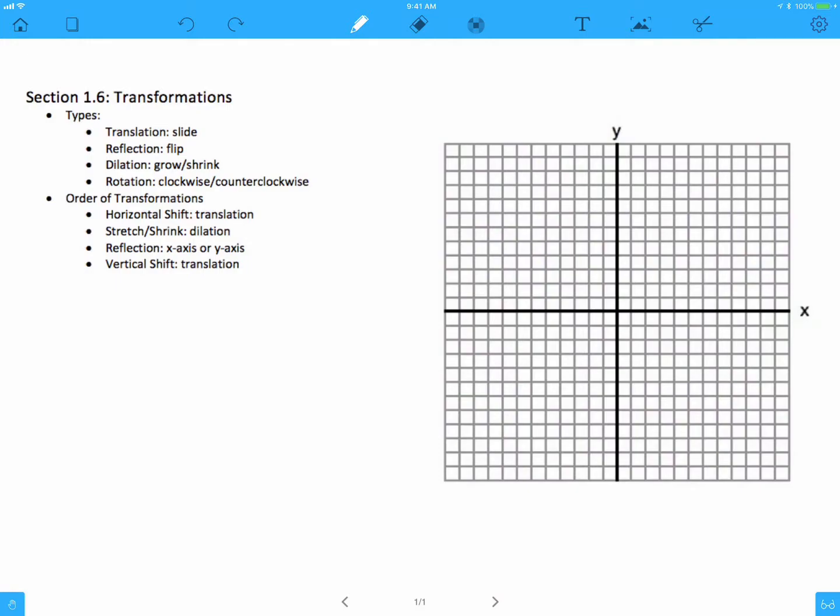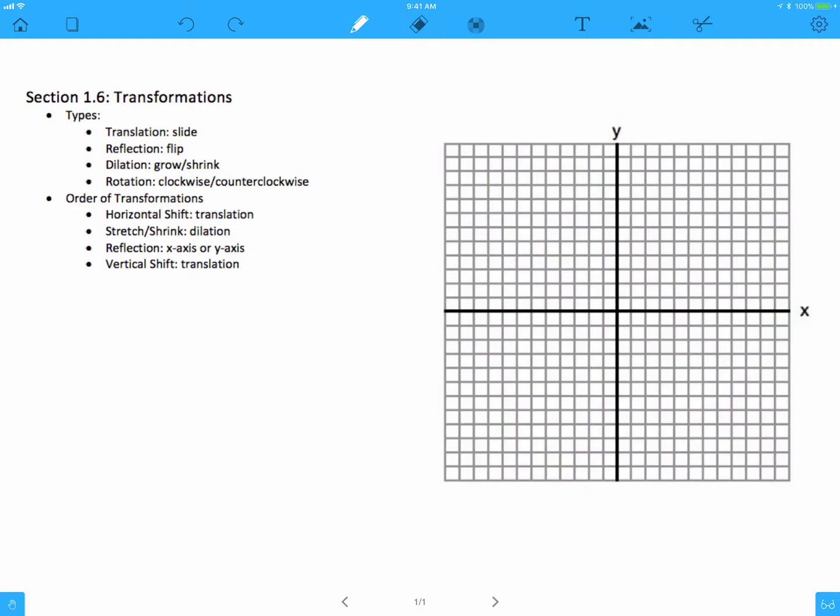I looked through most of my notes from college and other places, and the reason rotation's not in the list is that you actually rotate over coordinates. It's not a part of the normal order of transformations that you do on a function. So if we had coordinates on our graph, we could rotate them later. It could be at any point in the graph. I'll fill you in on more of that later.